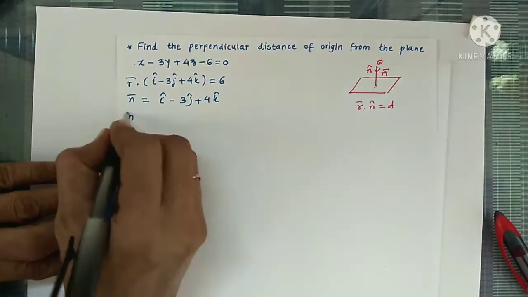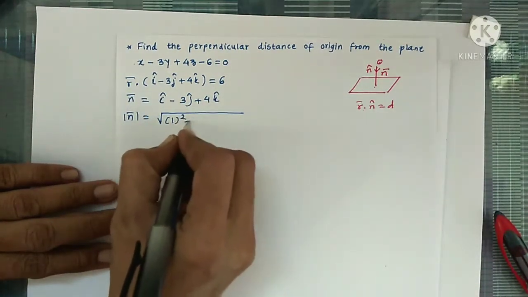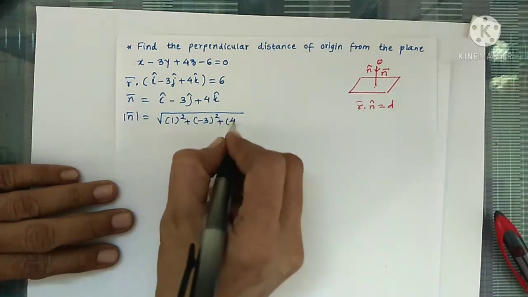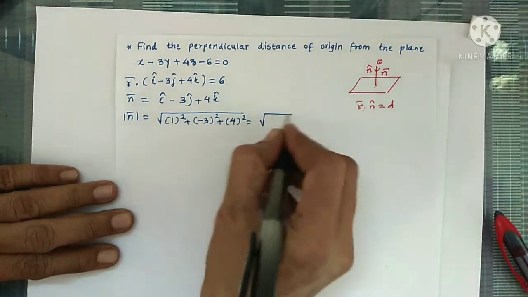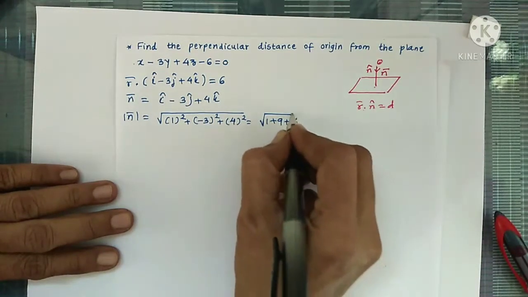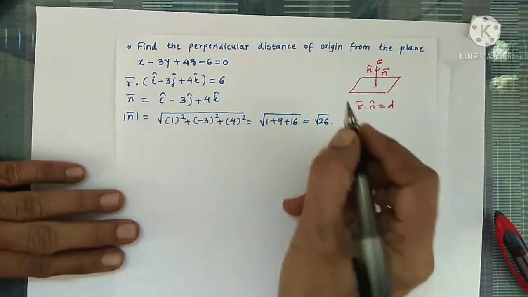The modulus of n bar is root of 1 square plus minus 3 square plus 4 square, so that is 1 plus 9 plus 16, which is root 26.